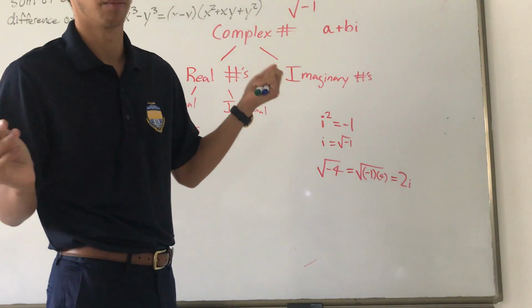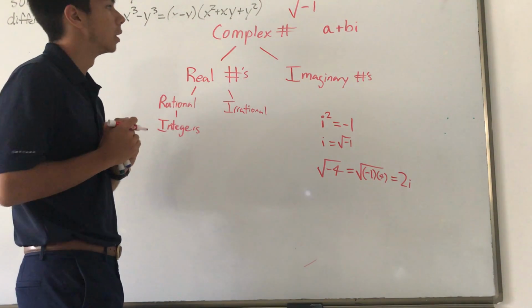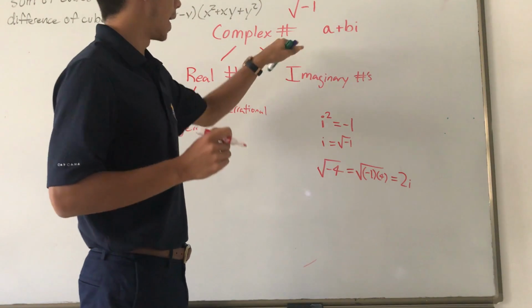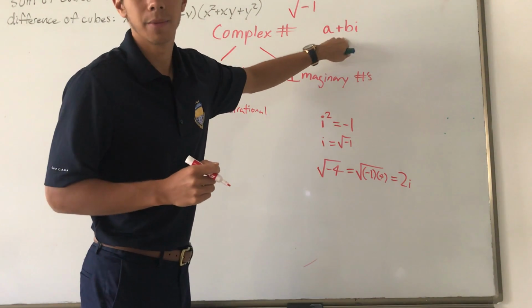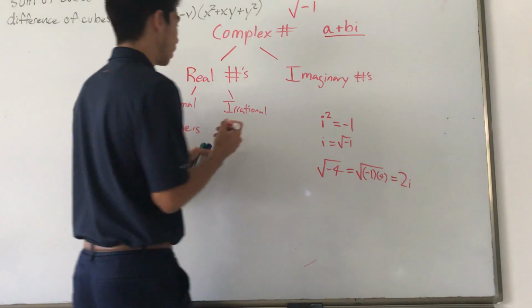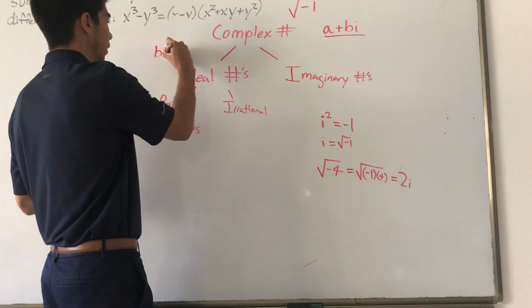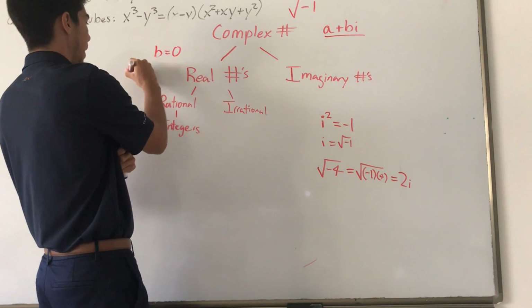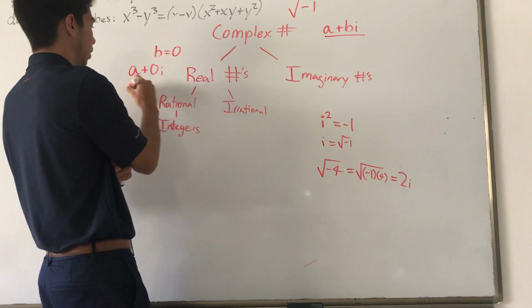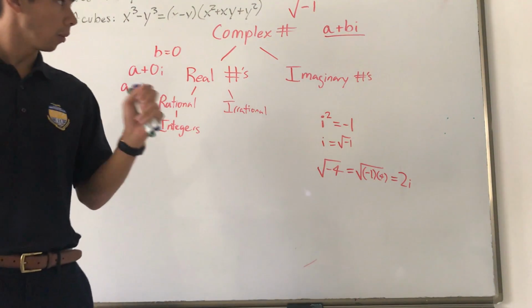So a could be any number, b could be any number, any real number actually. Every number that we will deal with has the form a plus bi. So normally, real numbers are complex numbers where b equals 0. So it's just a plus 0i, which is just a. So that might just be 3 or 10 or pi.